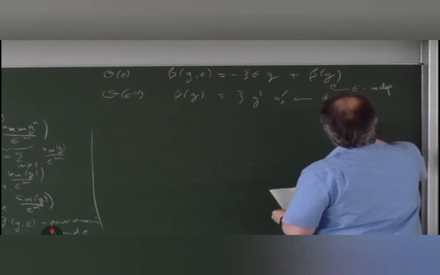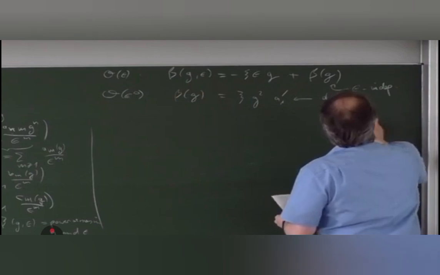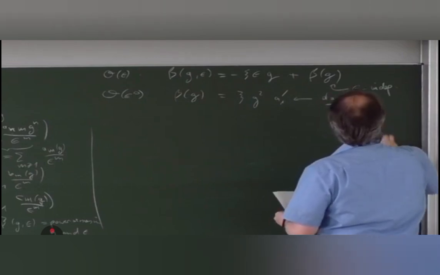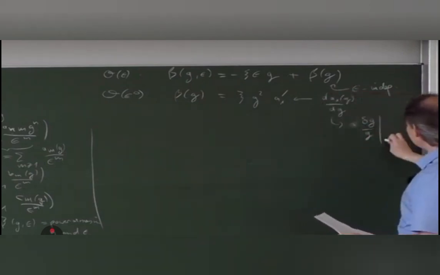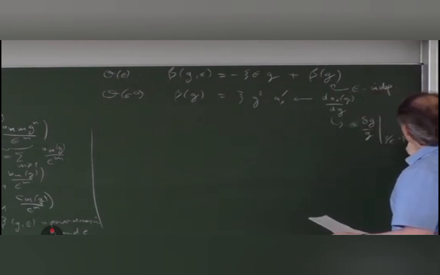So this is determined by the whole delta g over g, the 1 over epsilon whole of that quantity.